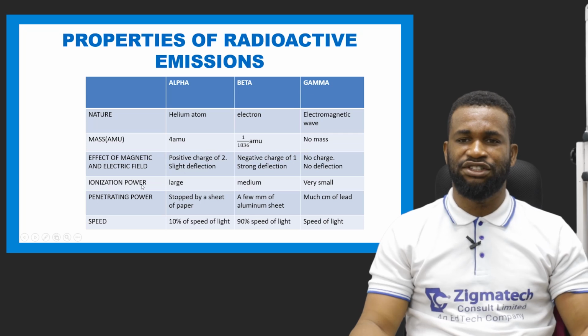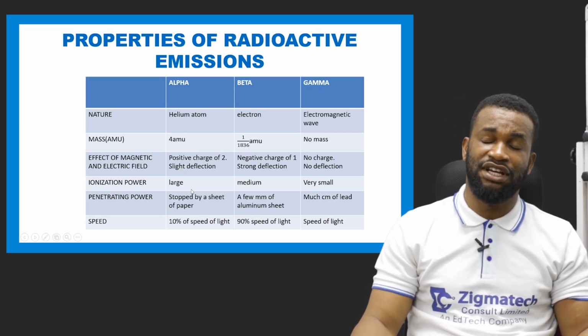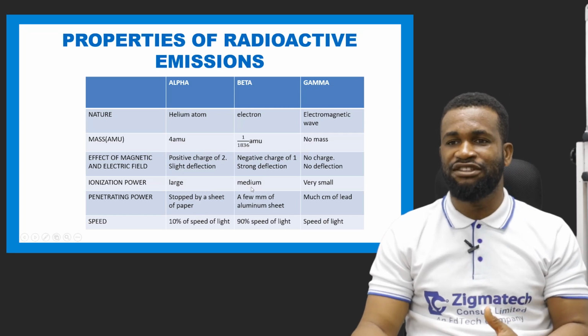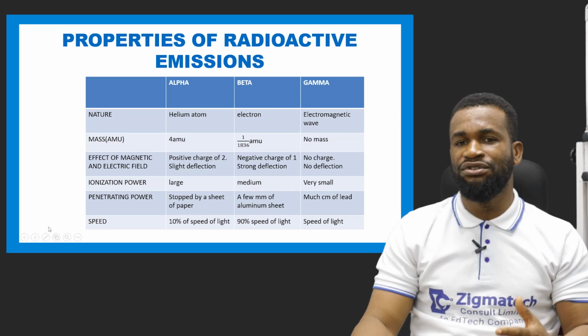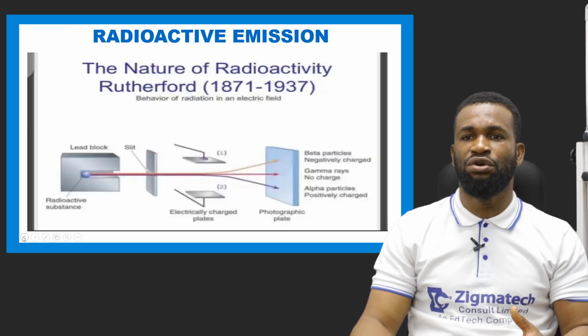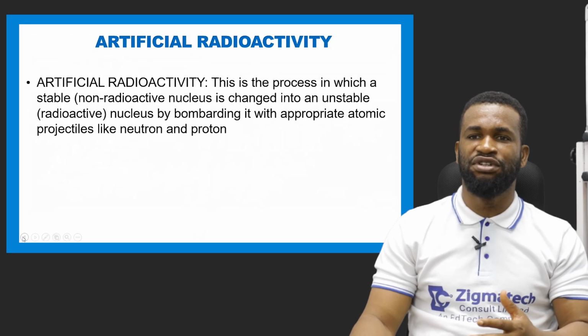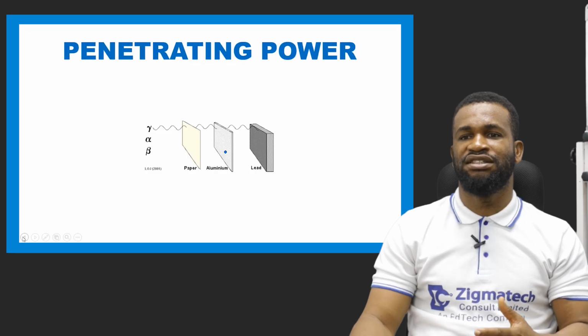Then looking at ionization power, alpha is very large, it has a high ionization power, beta has medium, and gamma is very small. Penetrating power: I told you that I showed you a video for you to know what penetrating power is all about. And this is what I mean.